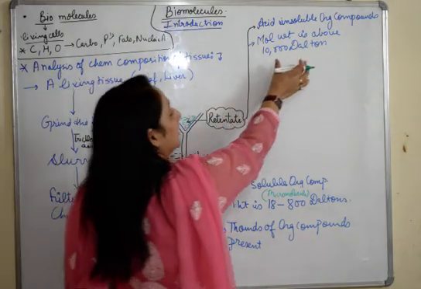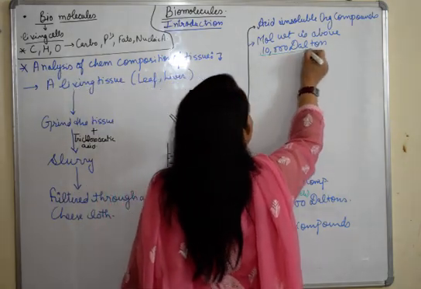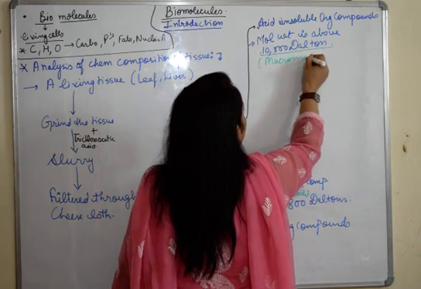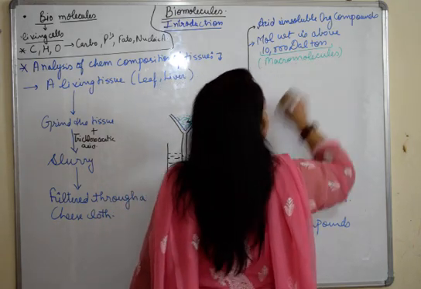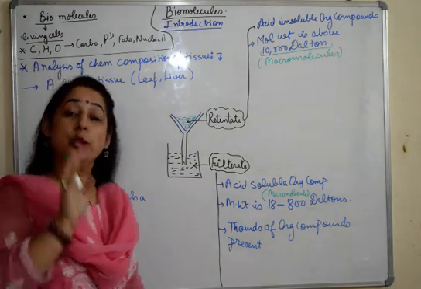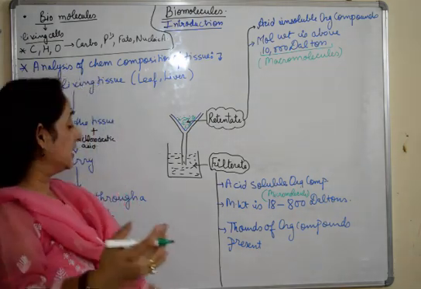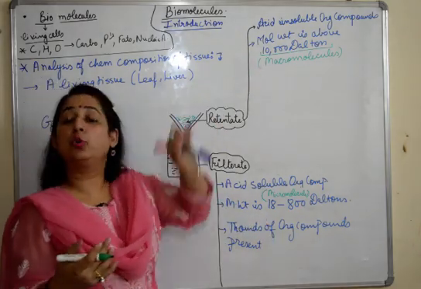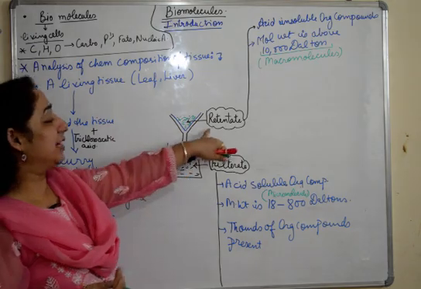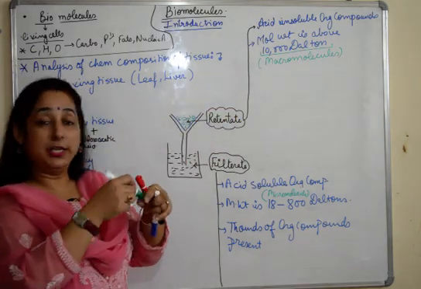And here, as their weight is above 10,000 Dalton, they are known as macromolecules. So now we know that biomolecules are further categorized into micro and macromolecules. Micromolecules we get in the filtrate, and in the retentate we get the macromolecules.